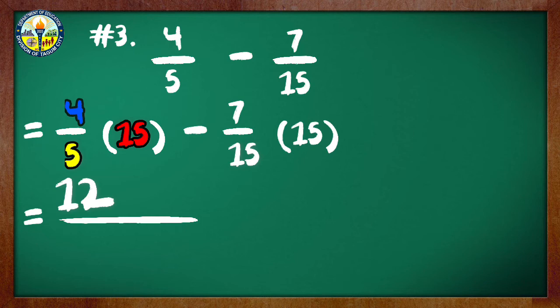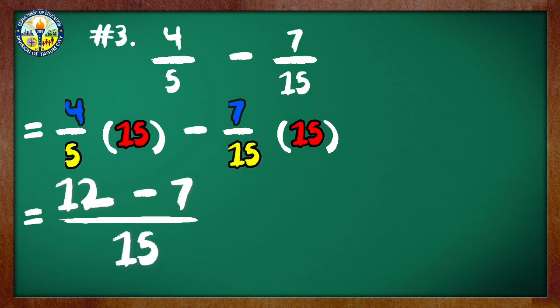Then copy the minus sign. Then divide 15 by the denominator 15. The answer is 1. Then multiply 1 by the numerator 7. So 1 times 7 is 7. Then write it after the minus sign. Then copy the LCD 15.